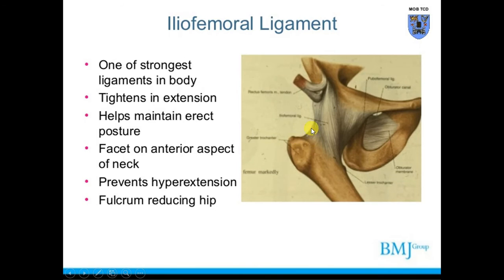So this ligament is tightened during extension and prevents hyperextension, and it is quite a strong ligament.